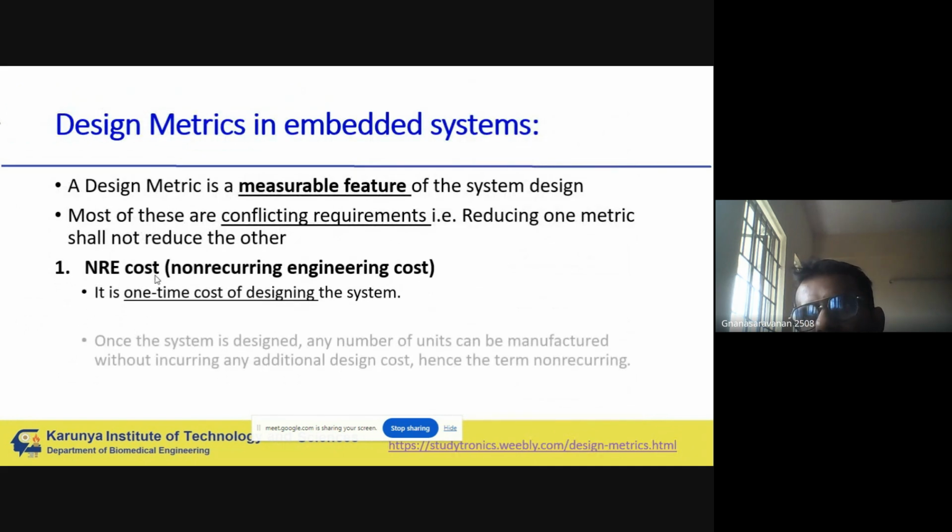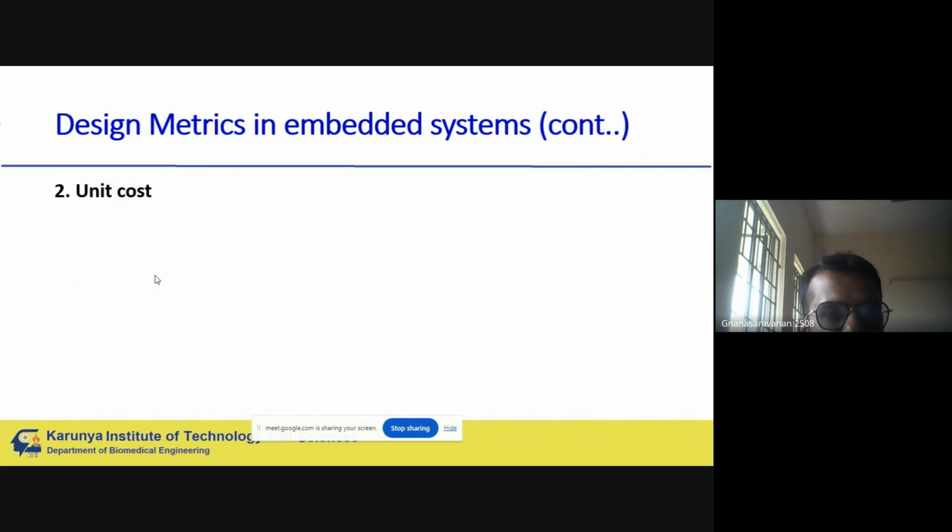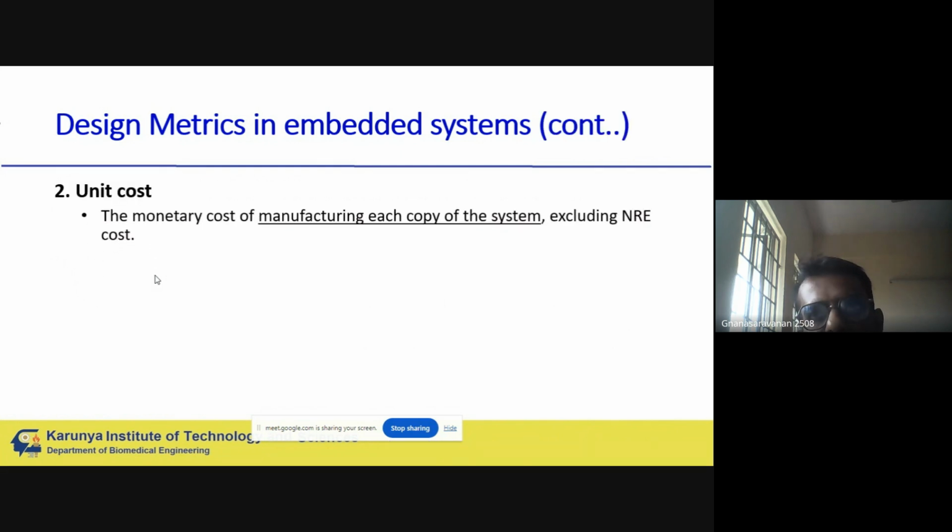Similarly, the second title that we saw was design metrics. Design metrics are measurable parameters used to evaluate or appraise the embedded system that has been carried out. The first parameter is NRE, non-recurring cost. This is the amount spent on research and development. Then unit cost, which is the actual cost of a single unit of the embedded system.